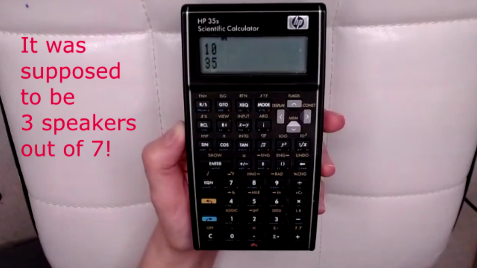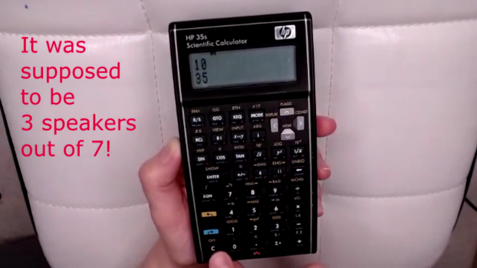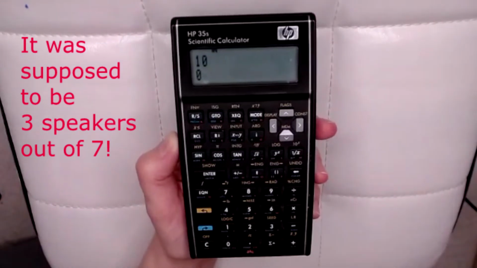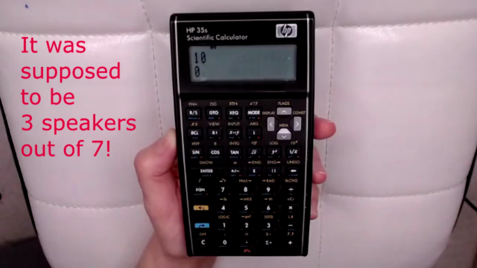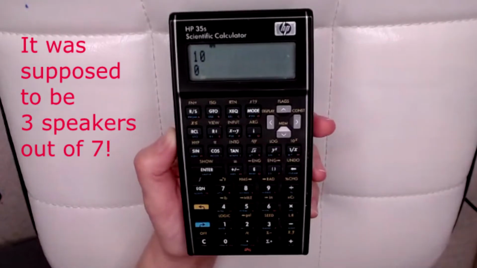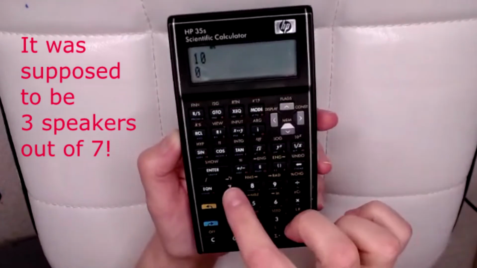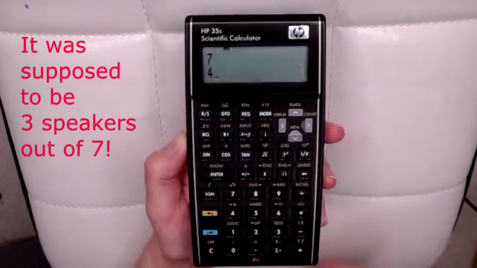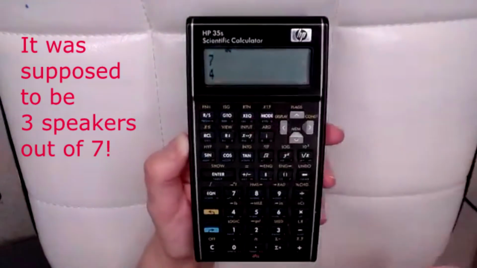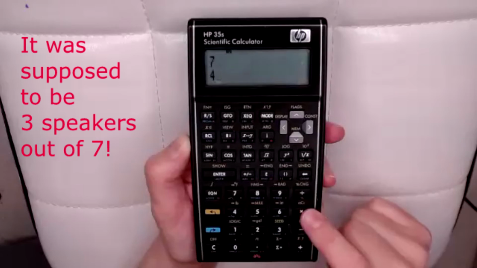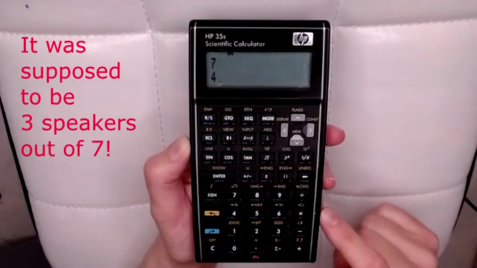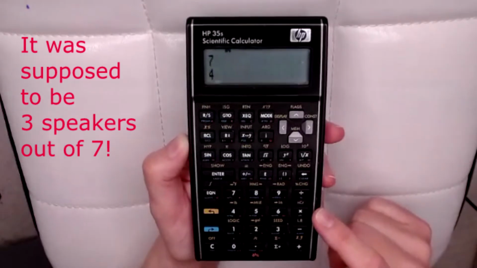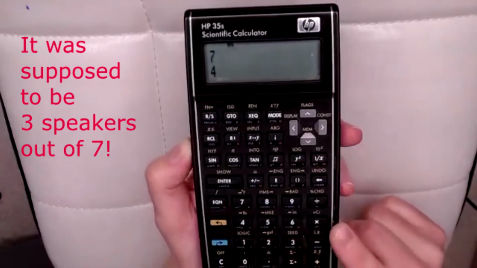Now let's go back and do the permutations of 7 speakers, unique 4 speaker list. Again, we're going to do 7 and 4. You see here on my screen, I have 7 and 4. Then I'm going to look for my permutation action on my calculator. I'm not sure if you can see it here.